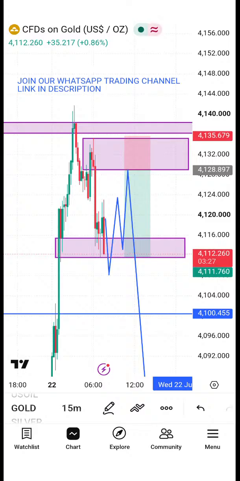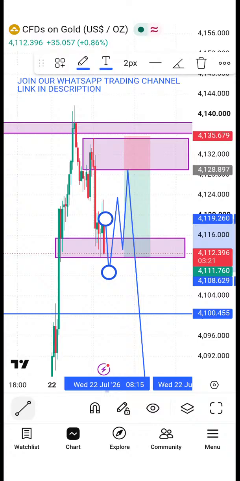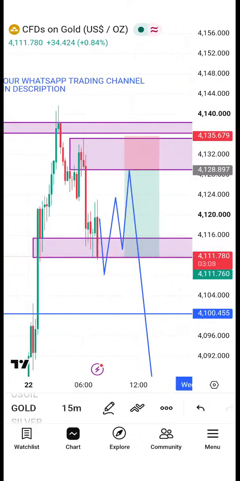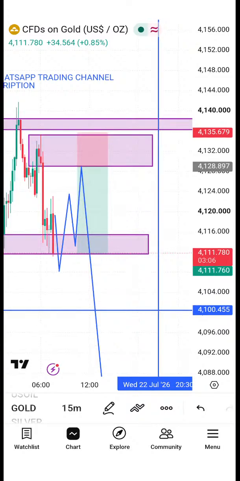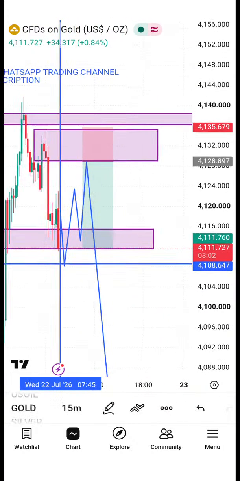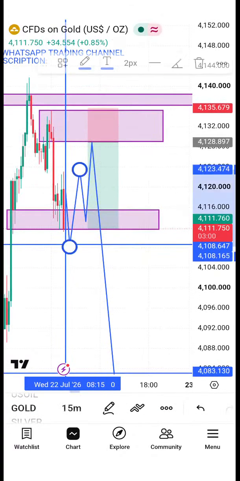They are in trouble. I'm telling you, I will only buy gold when it sweeps liquidity, just like what it is doing right now.